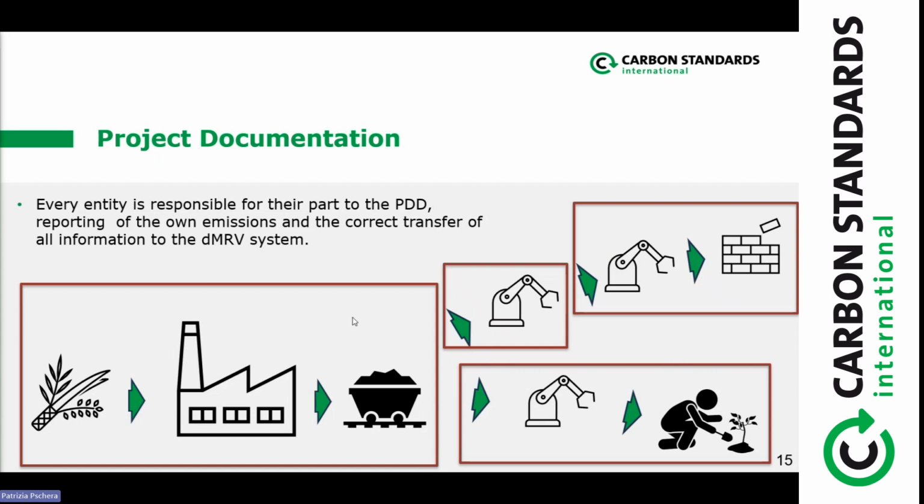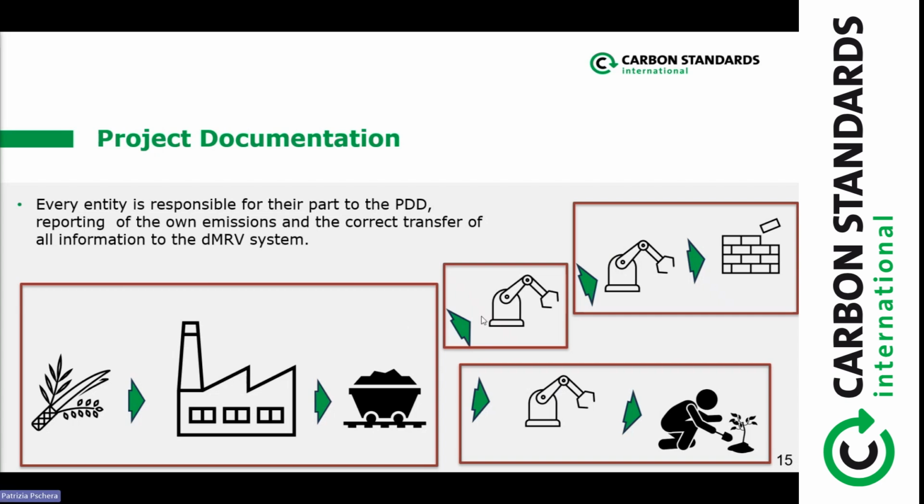The main part is done by the biochar producer, as they know most of the relevant parts. So they know everything about the biomass, they know about the production technology, which is mainly contributing to the emissions that are connected to the biochar.